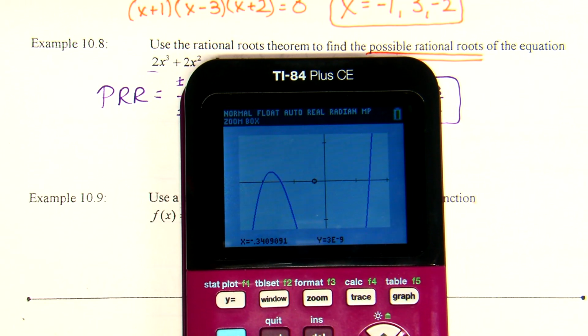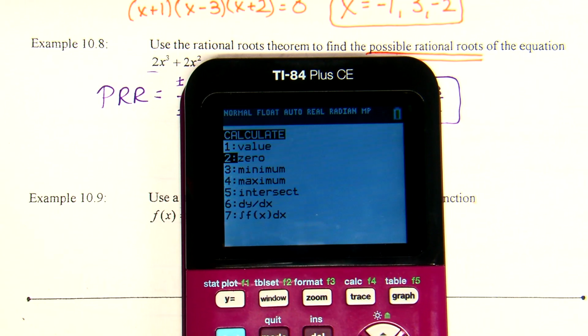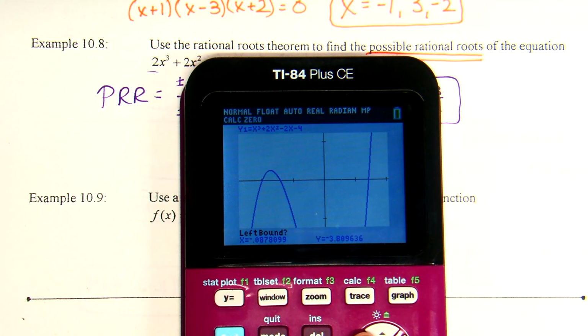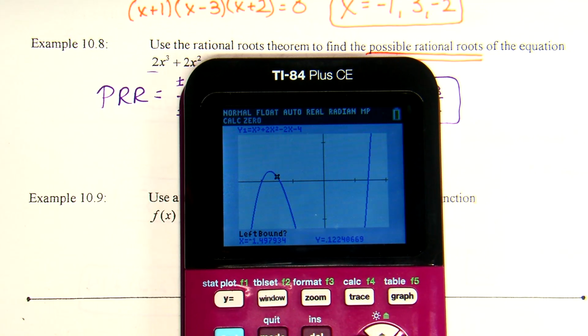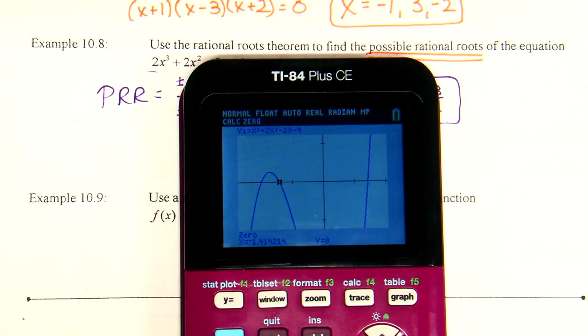How do we find our zeros? Second calc 0. You remember how to do that? Okay. If I'm going to save my time, I'll tell you that left one is -2. If I go for the second one here, -1.414. Does that ring a bell? Which is the square root of 2.